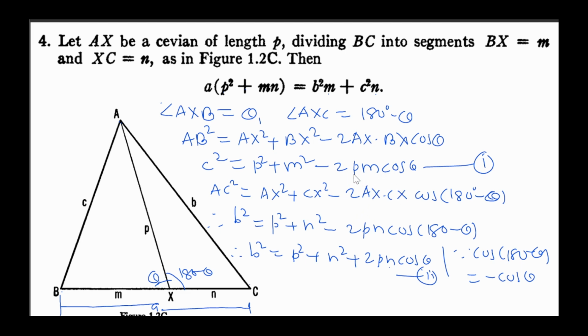In the first equation, the coefficient of cos theta is 2pm and the coefficient of cos theta in the second equation is 2pn. So if we multiply the first equation by n and the second equation by m, and add together, then minus 2pmn cos theta and plus 2pmn cos theta will get cancelled, and after simplification, we will get the result.